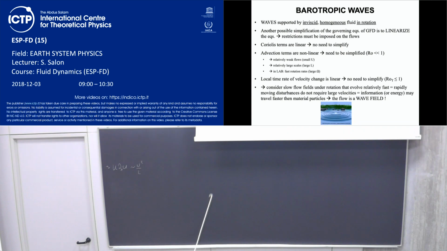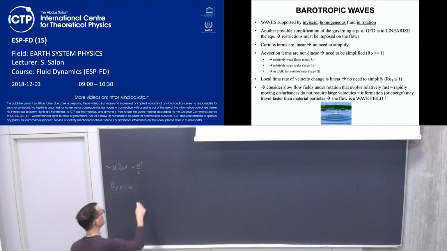So in this case, the Coriolis terms are linear, so still Coriolis terms are, let's say, the leading term in our equation system. The other thing is that if we want to neglect the advection, which is not linear, we may consider the Rossby number much smaller than 1.